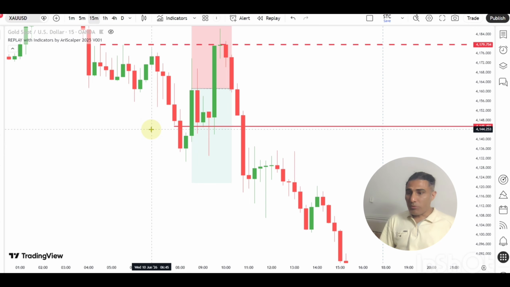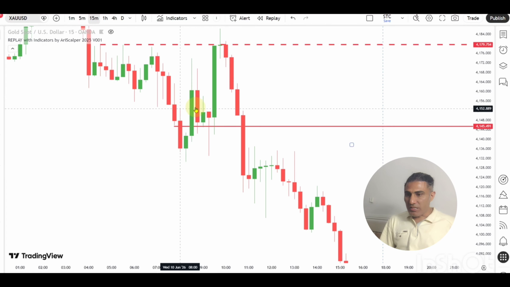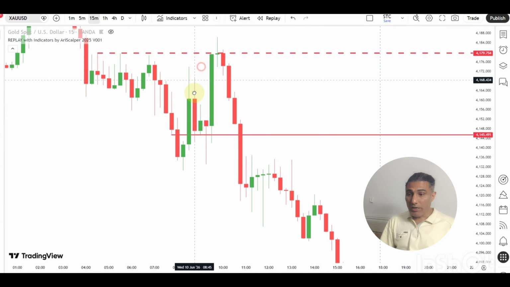Just to add more points, after this candle you could even enter a buy position, but you had to wait for a pullback. Why?